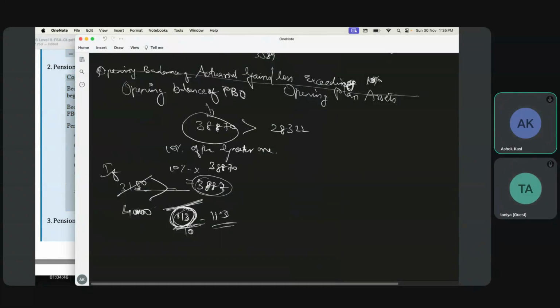Based on the remaining service life of the employee. Now, I'm assuming he's going to work for 10 more years, so divided by 10. If they say 5 more years or 20 more years, divided by 5 or 20.